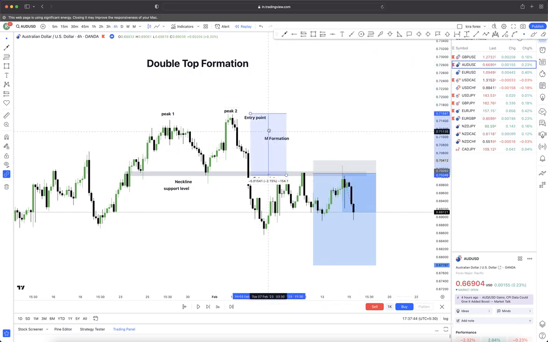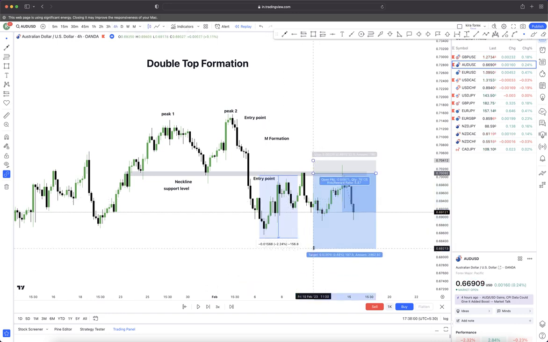My take profit will be from the first peak to the neckline. I'm going to take the same take profit in pips from the neckline to this point. So this will be my second take profit, and my stop loss will be a few pips above my entry point.